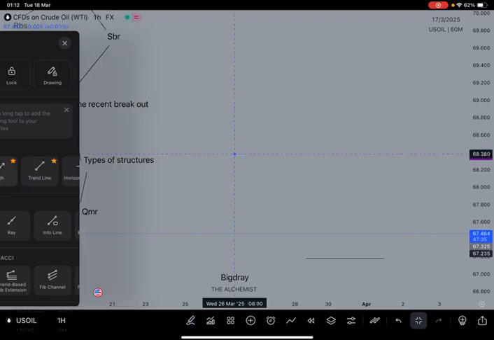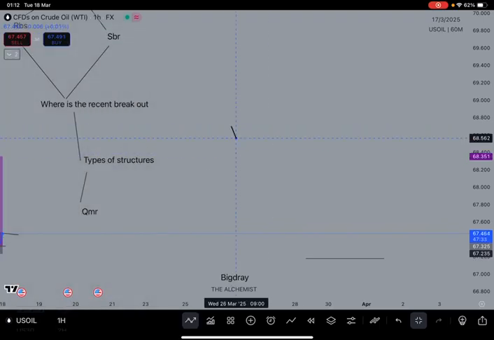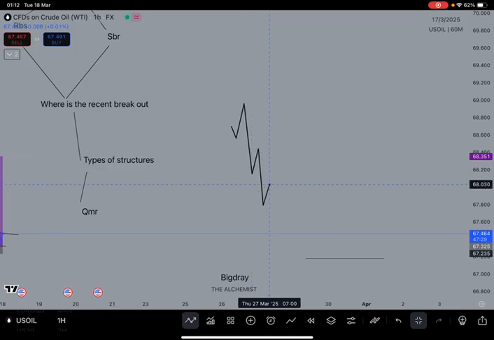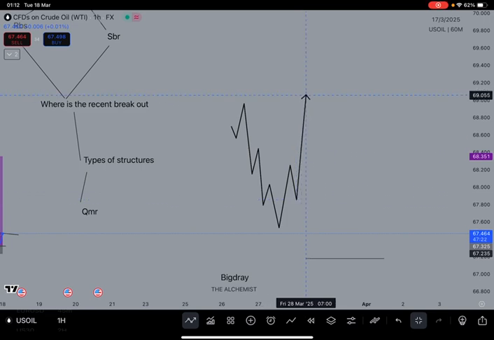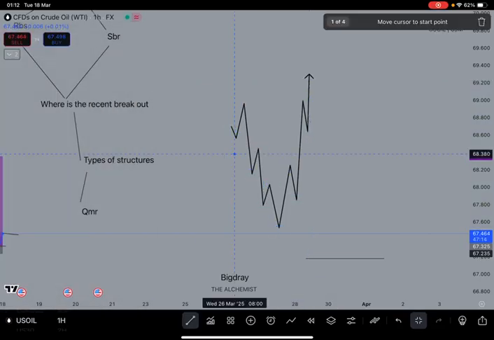You have something like this. You can see. You mark here as your what? As your liquidity sweep, which is the last low that was swept before the market changed character here.